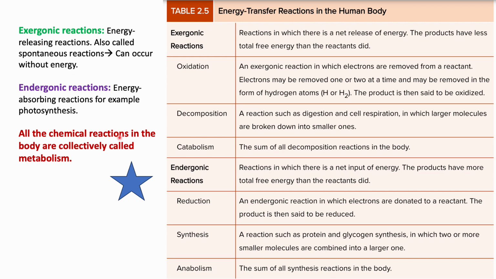All chemical reactions in the body are collectively called metabolism. So if I wake you up at midnight and ask, what is metabolism? All the chemical reactions in the body are called metabolism. All right? So in these next couple of slides, we're going to go through energy transfer reactions. Some of them are exergonic and some of them are endergonic. They can occur without energy and they need energy to be able to occur.